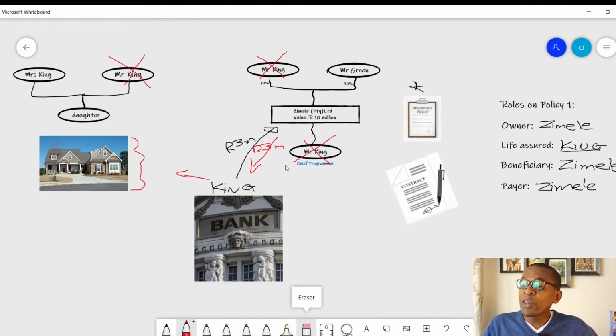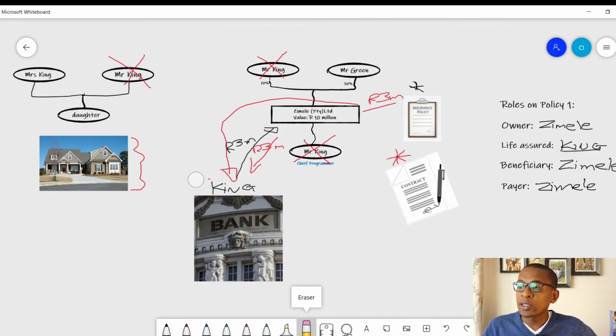So instead, the policy will pay out 3 million rands into Zimele, and then this contract will dictate that Zimele must on-pay this 3 million rands to the bank in order to settle the loan. Once that loan is settled, the bank no longer needs to chase the house.